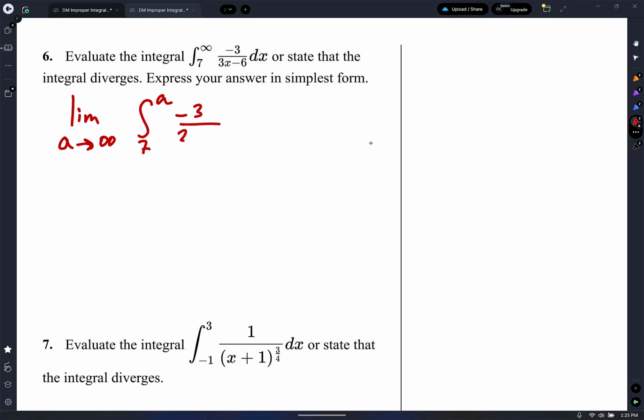Yeah, you can put B. What if you were to put C? So you like the upper limit to always be B and the lower limit to always be A? That's fine. You're good.